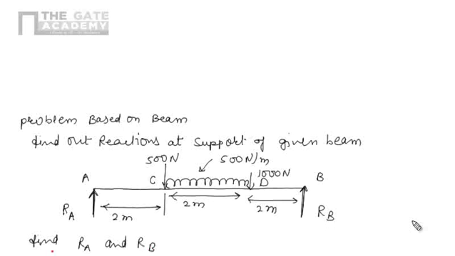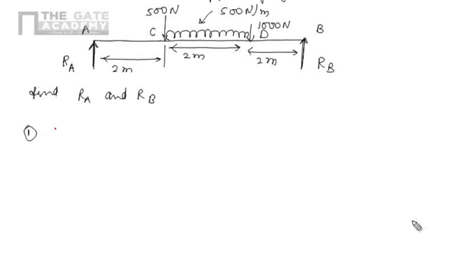So if we look at this system, the beam is carrying a uniformly distributed load as well as point loads, and it is in equilibrium, so we can apply the conditions of equilibrium. The first condition of equilibrium is that the algebraic summation of all horizontal forces should be zero. Horizontal means all the forces in x direction should be zero.